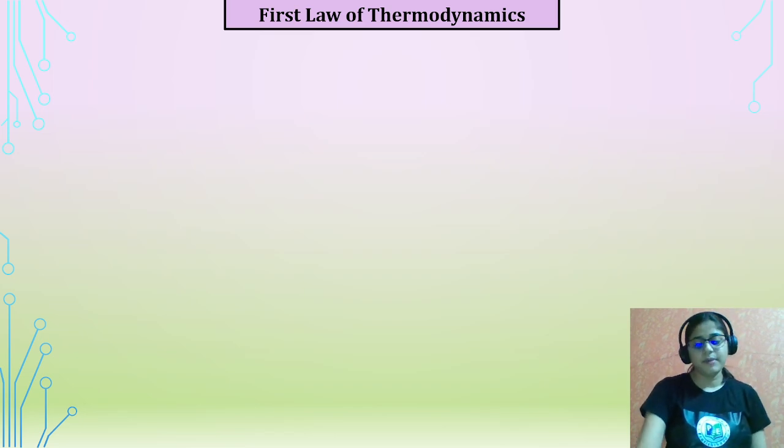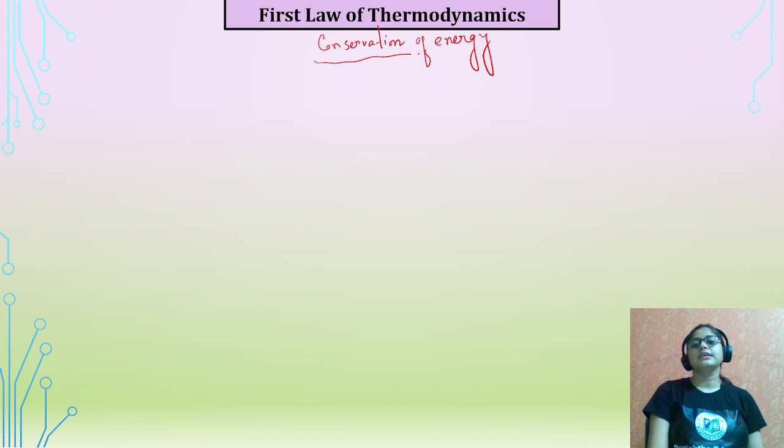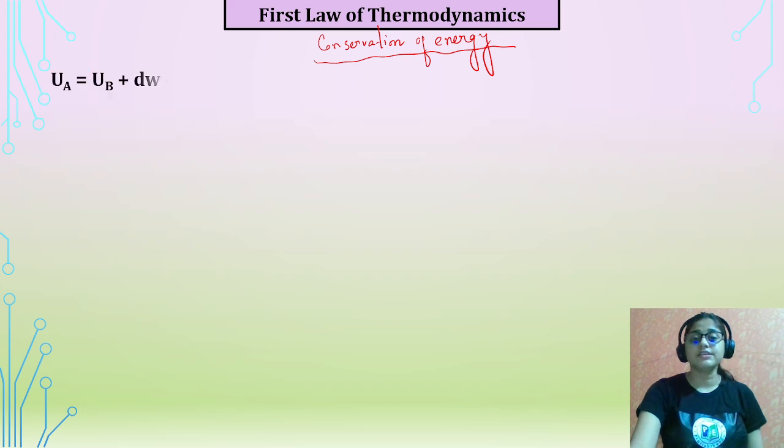This is nothing but the conservation of energy, which we have already read about. We all know that energy cannot be created or destroyed. Energy can be converted, but it can't be destroyed. This is called the conservation of energy.